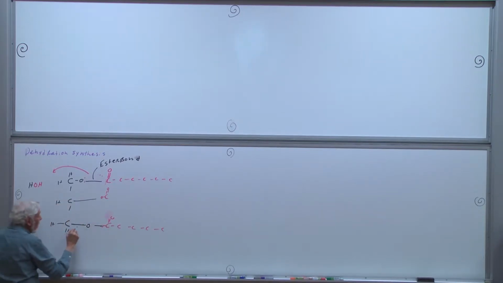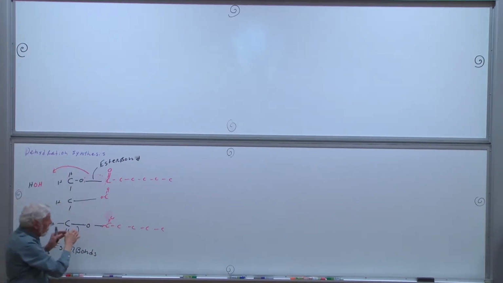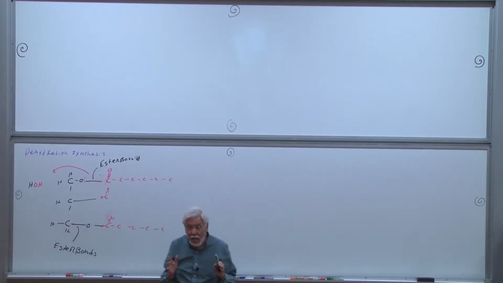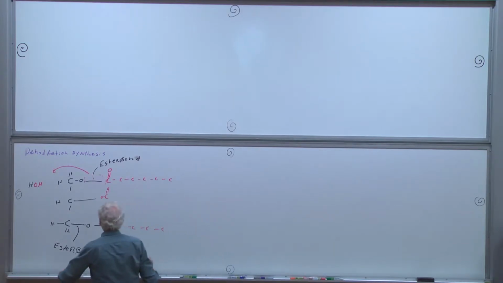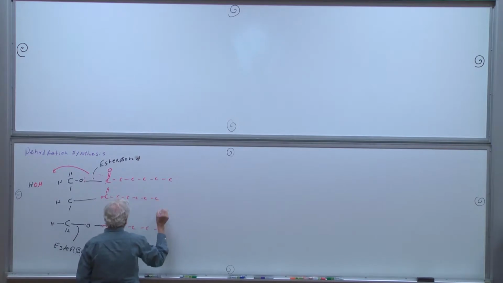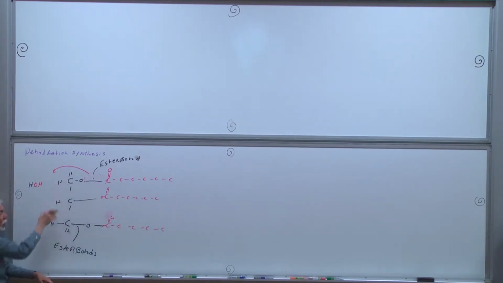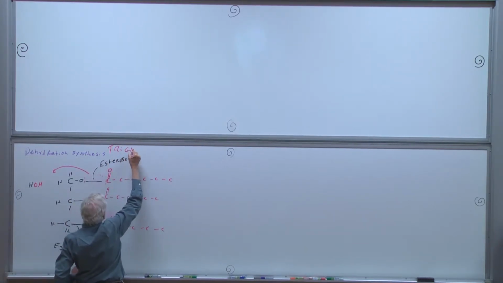So now we have the ester bonds. The ester bonds are now the covalent linkage between the glycerol and the fatty acid side chains. So we have 3 fatty acid side chains attached to the glycerol, and this now is, of course, a triglyceride.